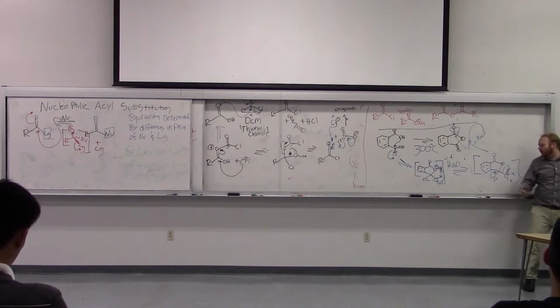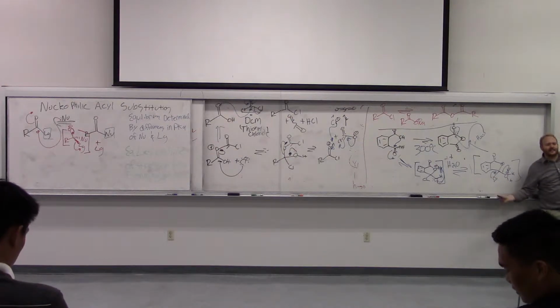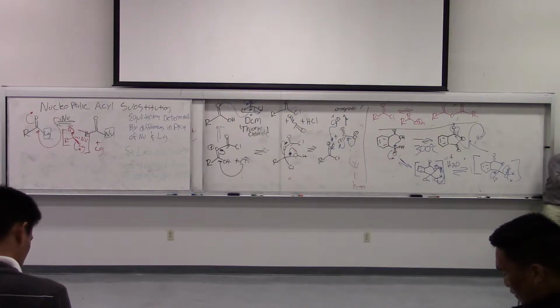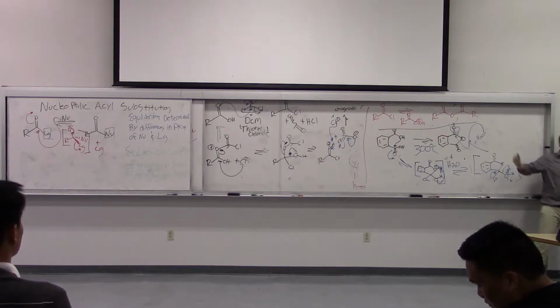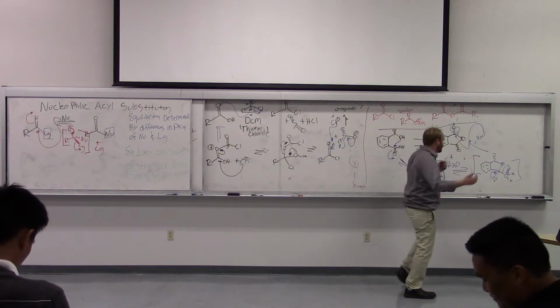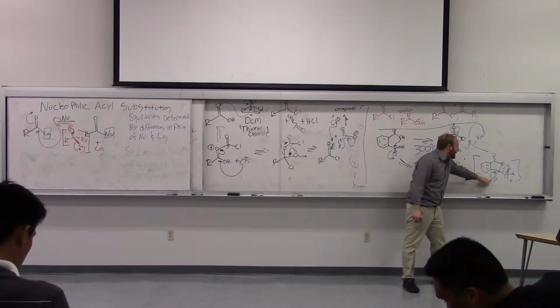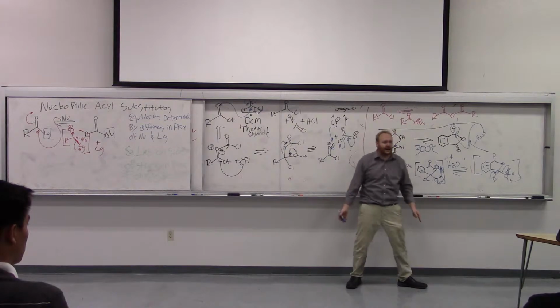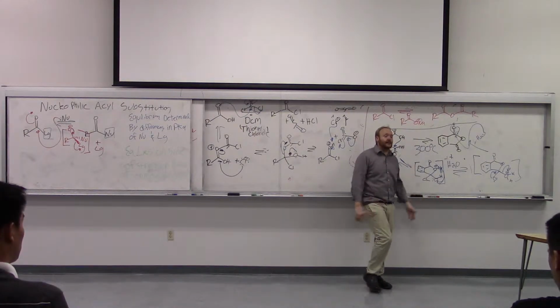Yeah, but if you wanted to have this proton and kick off OH minus, and have the OH minus take that proton as it leaves, you could. But I just like having H2O leaving myself. And as I said in lecture, this would be the more basic oxygen that you would expect to take the proton, but we wanted the productive pathway.